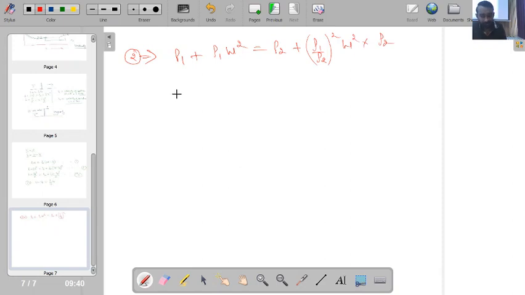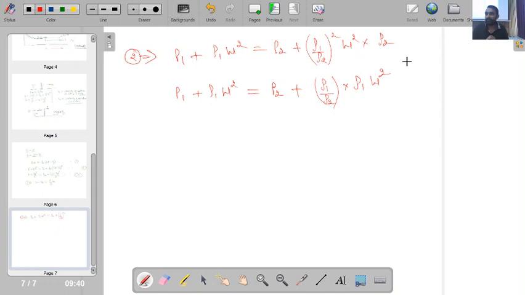From here I get P1 plus rho 1 W square equal to P2 plus rho 1 by rho 2 into rho 1 W square.